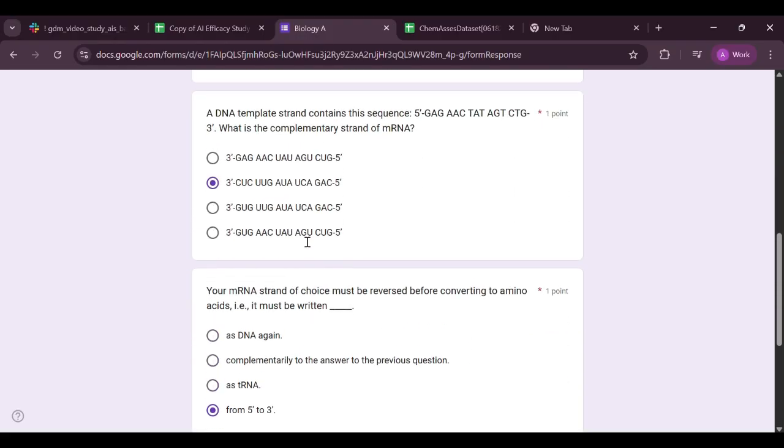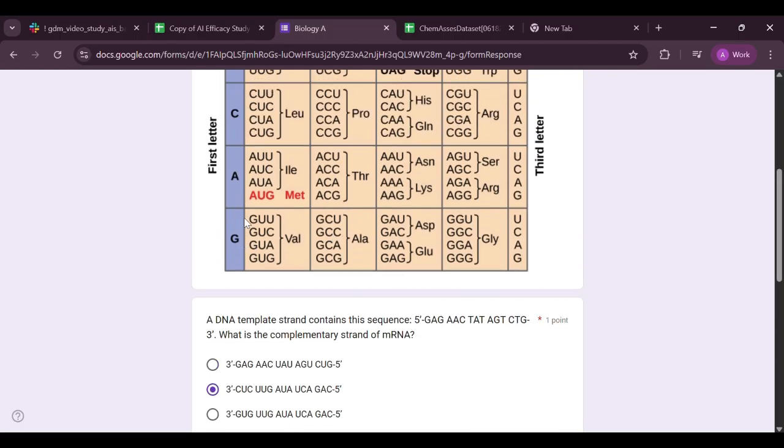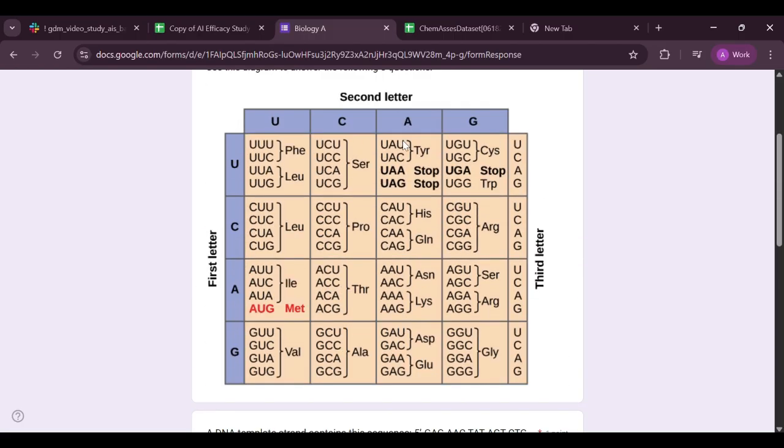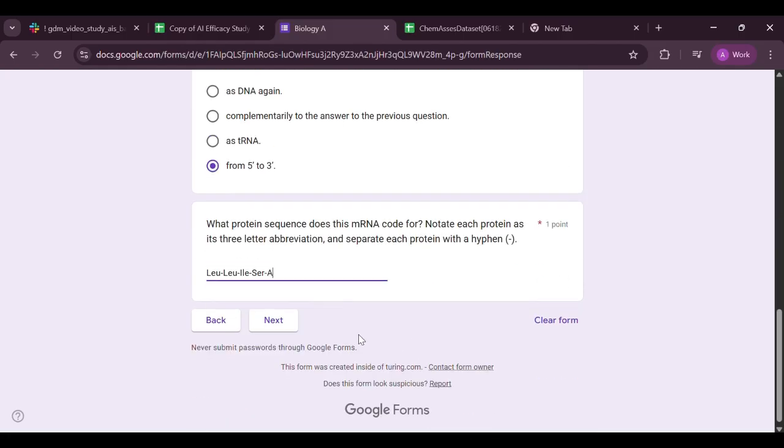Then the last is GAC, where the first letter is G and the second letter is A, this will be here, and it is Asp. So according to me, this is the correct answer. Let's check whether it is correct or not. It will be at the end of the session.